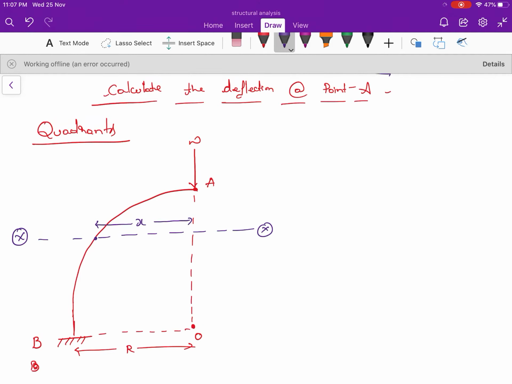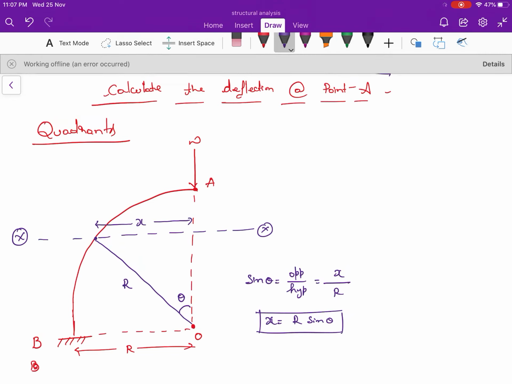If I draw a line from here to here, we know this line would be R. Then I am considering theta here. So sine theta is equal to opposite by hypotenuse. The opposite side is x and the hypotenuse is r, where x is equal to r sine theta. Same thing we have done in the semicircular method also, where x is equal to r sine theta.